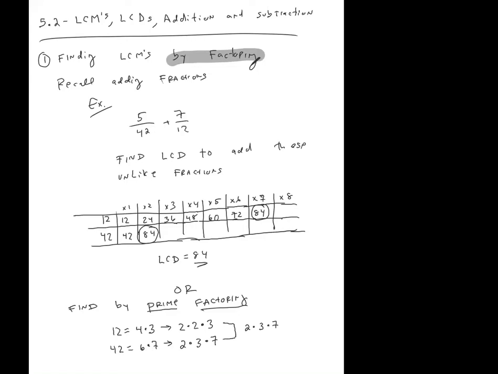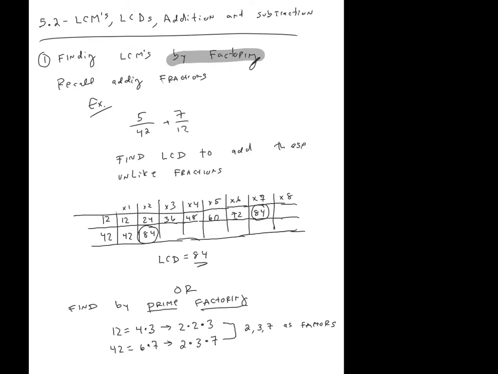We have 2s, we have 3, and 7 as our factors. All right, 2, 3, 7 are factors. But what we do is we pick the factor that is seen the greatest. We choose the factor that is seen the greatest on each one of these. We look at them and we say which factor is seen the greatest.